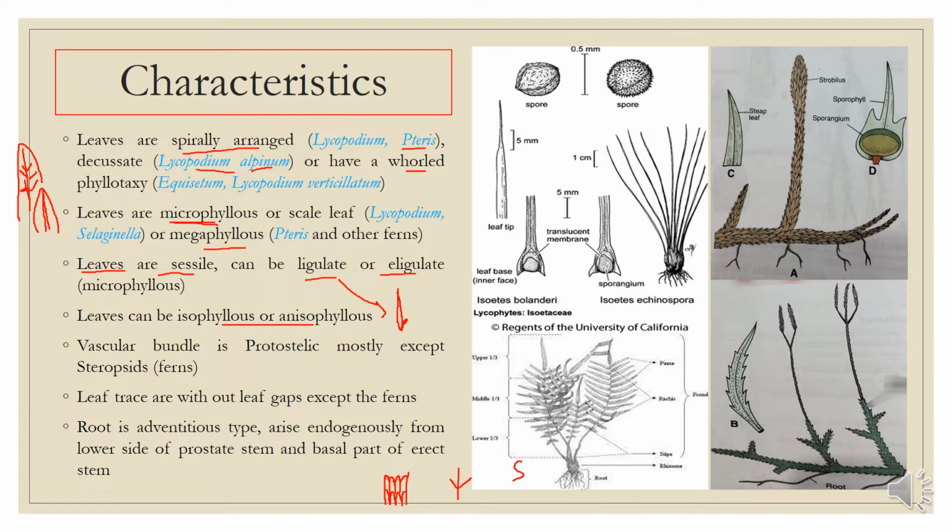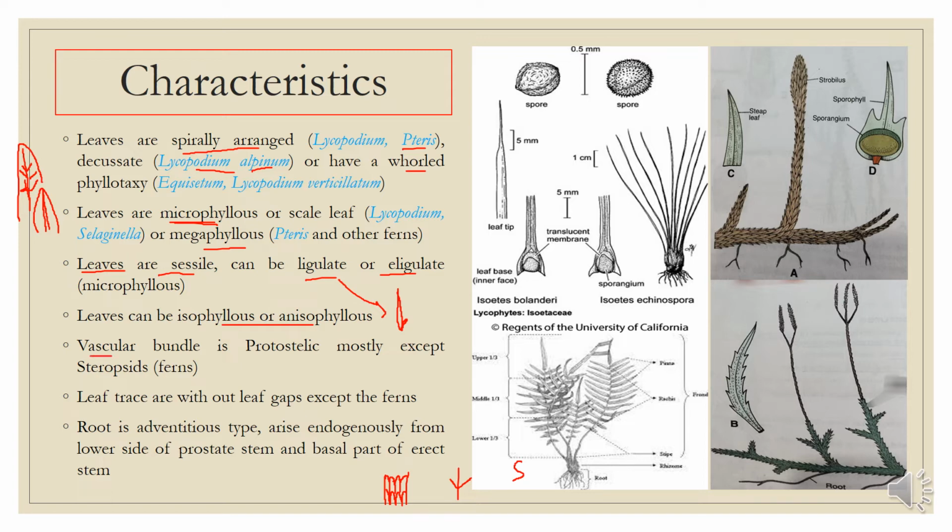Or leaves can be anisophyllous, that is the ventral and dorsal surfaces are different. Anisophyllous leaves are found especially in the ferns. Also, the leaves sometimes bear the sporangia on their upper surface or lower surface.